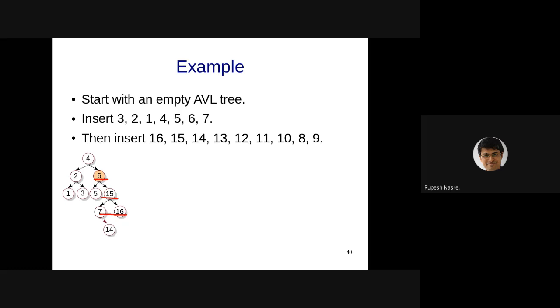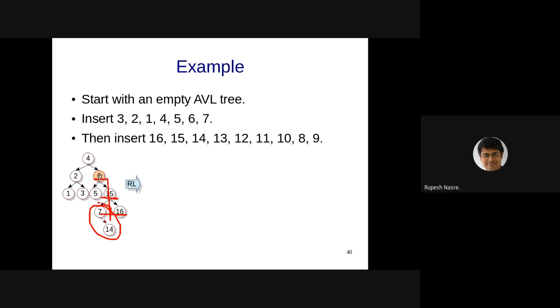So let's understand what we will do. First we have to fix this part. There is a right child that is getting added, but that doesn't mean that this is our case.